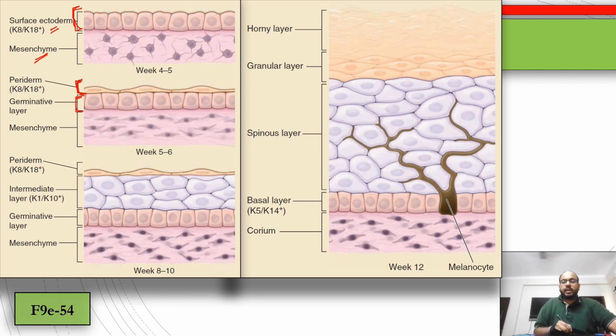Now other cells will keep on coming from the division of basal cell layer in between the periderm and the basal layer, and this third layer will be known as intermediate layer, which expresses keratin 1 and 10, which is similar to granulosum and spinosum in the adults. And at about week 12 roughly, you will start to see the four layers of the epidermis. Okay, so by the start of second trimester, you start to see the four layers of the epidermis.